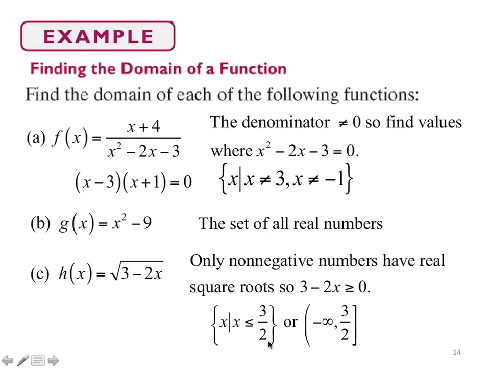So you're taking all of the x's that are 3/2 and smaller. Another way to write this would be in interval notation, which I have talked about in previous online lectures. Interval notation goes from -infinity all the way up to 3/2, and it's going to be a bracket because we're including 3/2.